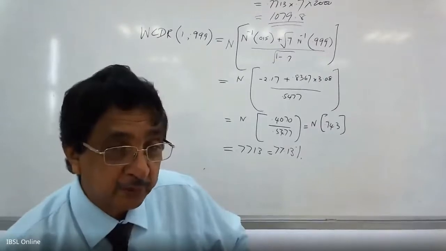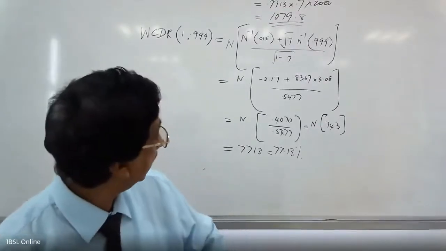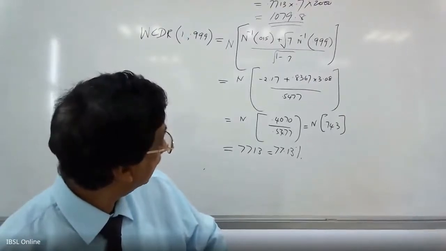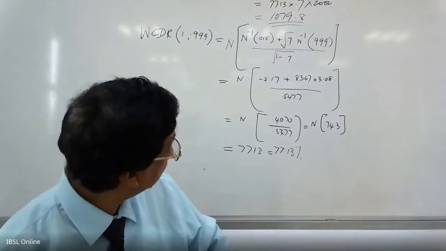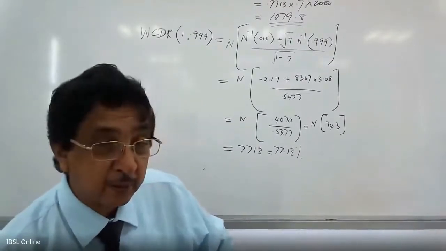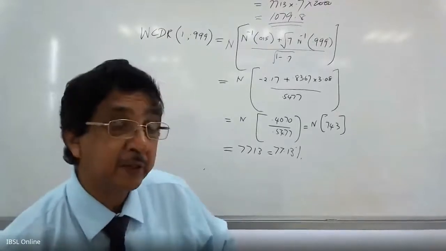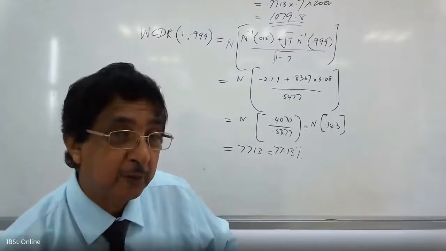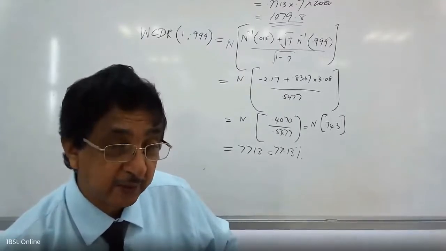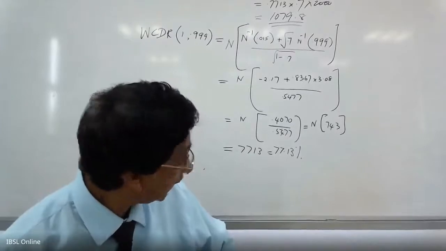If you work out the numerator, its value comes as 0.4070. When you divide it by 0.5477, you get 0.743. And you have to get the normal curve value of 0.743, and it comes to 77.13 or 0.7713.